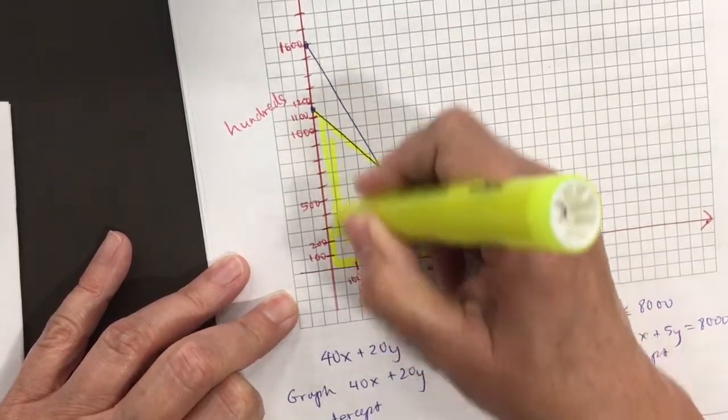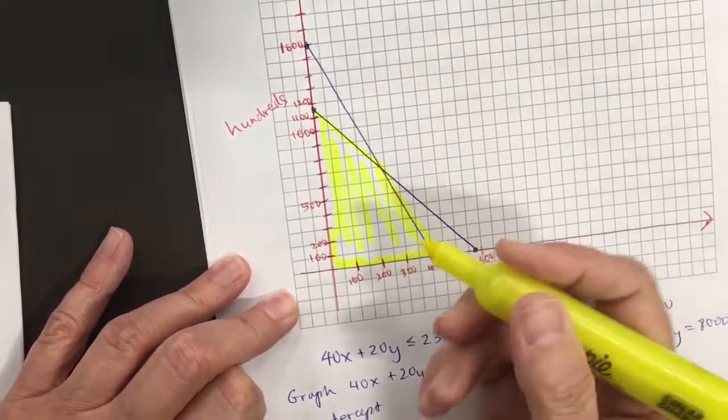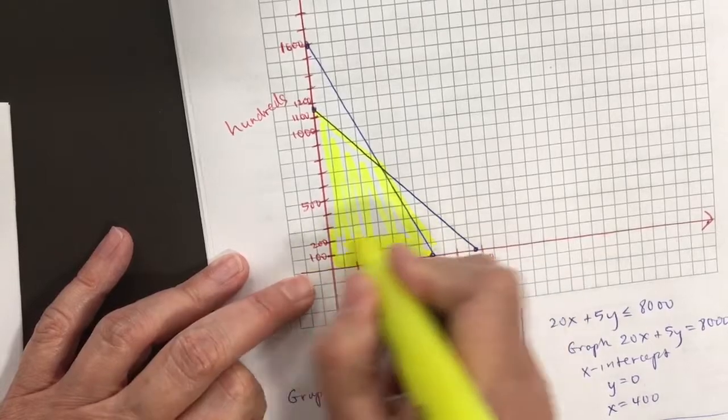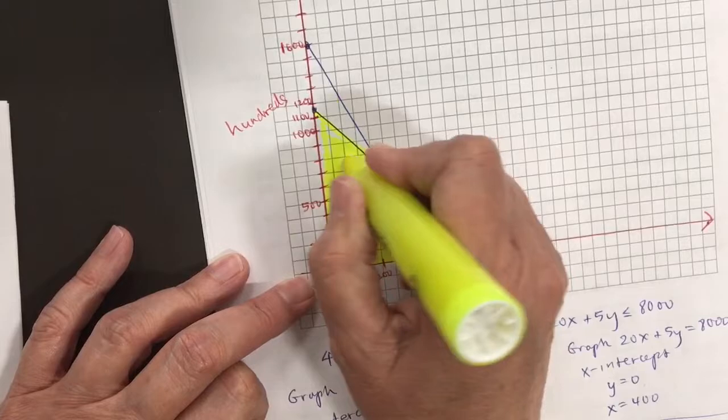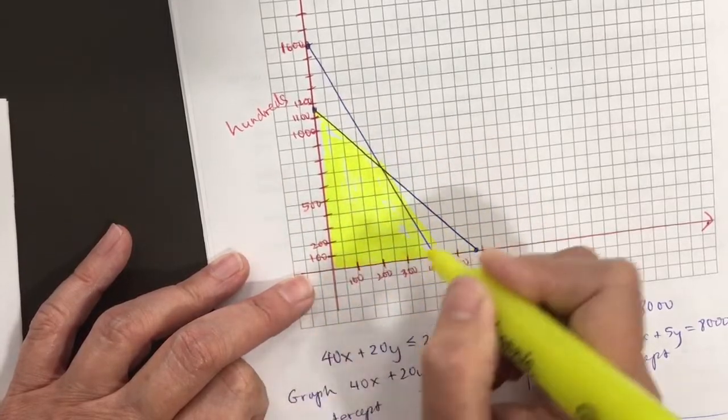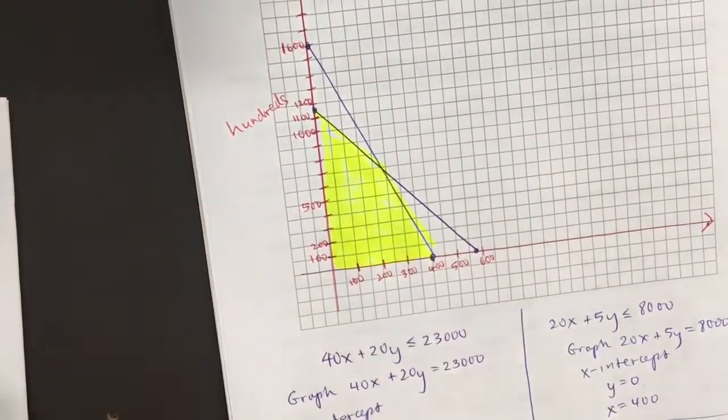So this is the space and weight on the airplane. This is what it would allow me to ship. Any ordered pair. X is the amount of food, Y is the amount of clothes.